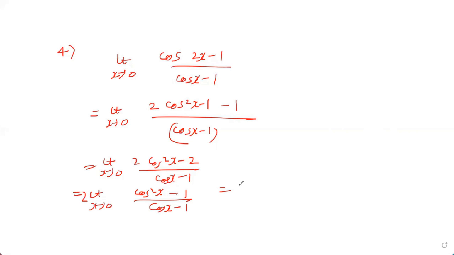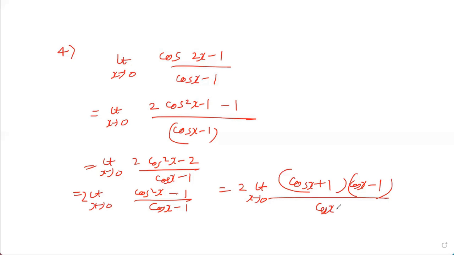See why I'm saying so: if I break cos square x minus 1 as a square minus b square, it will become cos x plus 1 into cos x minus 1, right? And we have a cos x minus 1 in the denominator, so these two will cancel out. Now we can directly substitute 0, so it will become twice of cos 0, which is 1, plus 1, so it will be 2 into 2, and the final answer is 4. So according to the situation, we have to act.